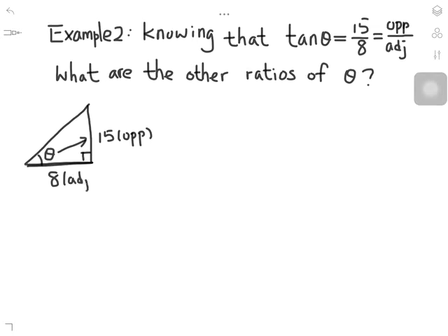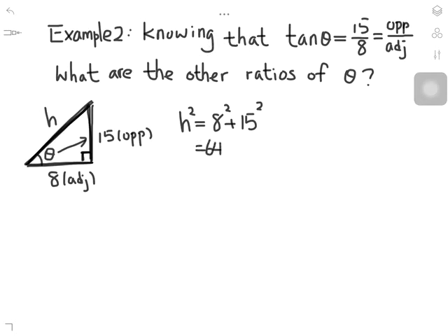What's the difference between example number 1 and this one? We don't have the information for the hypotenuse. So what do we do? Do you see that it's a right angle? So we can definitely use the Pythagorean theorem. The Pythagorean theorem tells you that the hypotenuse squared is equal to adjacent squared plus opposite squared. So what's 8 squared?